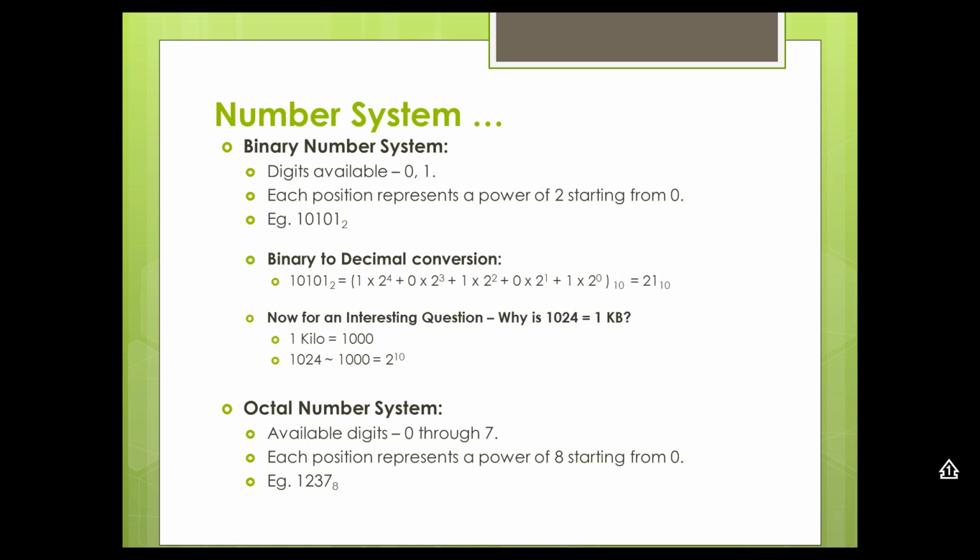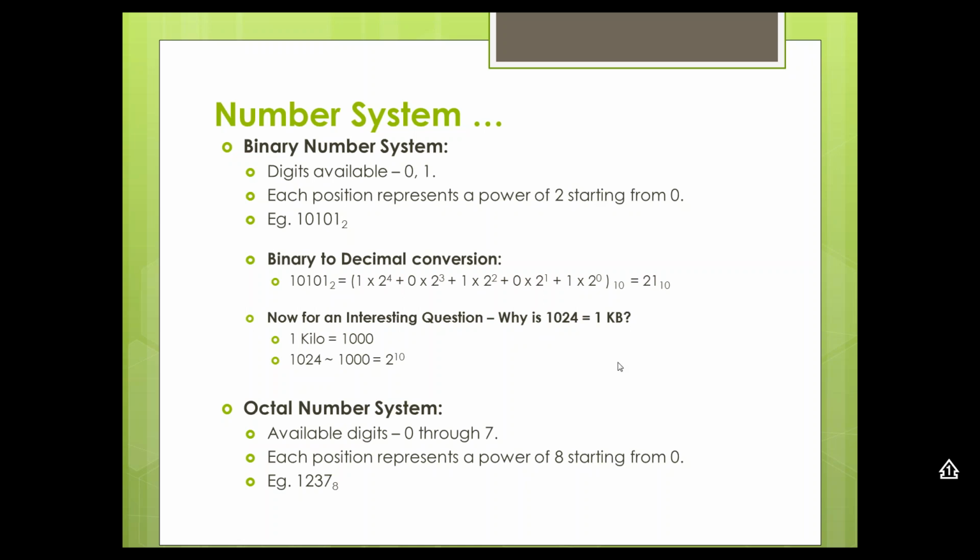The nearest value to kilo, that is 1000, in computer systems is 1024, that is 2 to the power of 10. Similarly, 1 megabyte is equal to 1024 into 1024. That is how we calculate kilo in computer science.